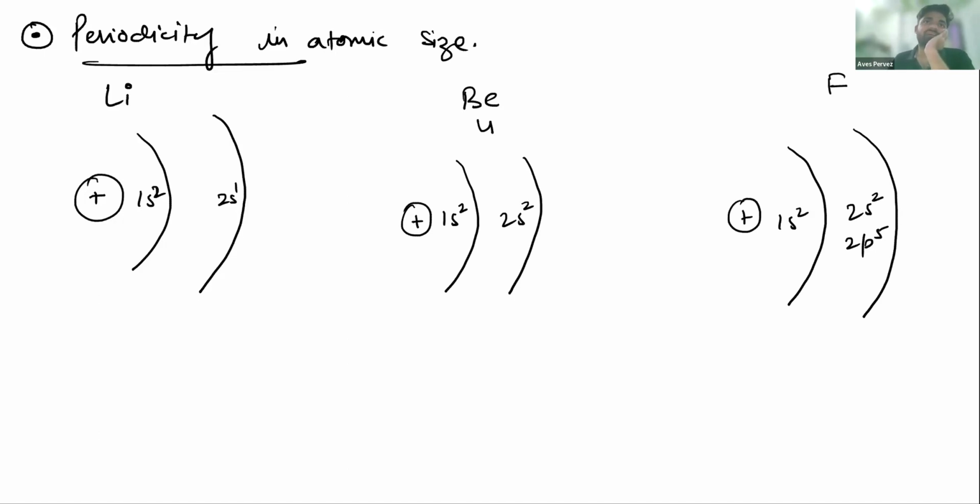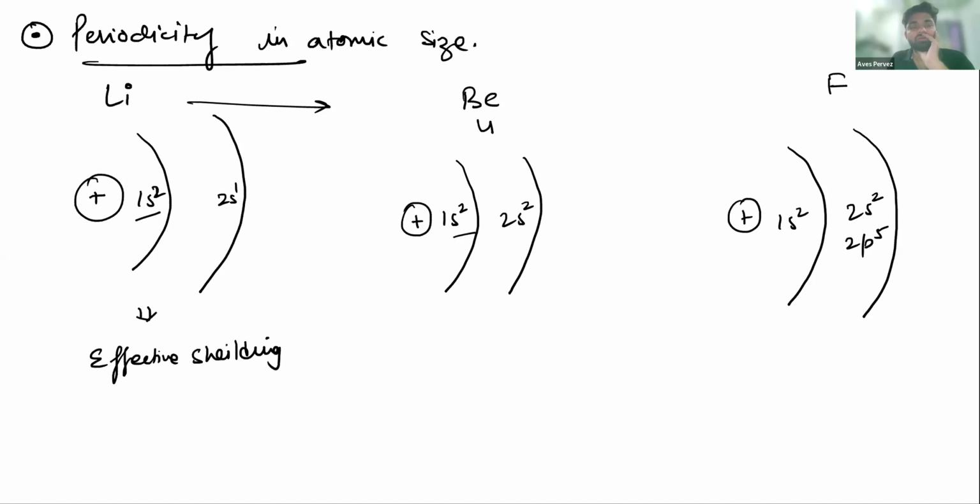So if I talk about the effective shielding, these are the 2 electrons here, these are the second electrons. Effective shielding is the reason they are going to have a similar size. As we know, from left to right the size of the atom keeps on decreasing. Note it down here: effective shielding.